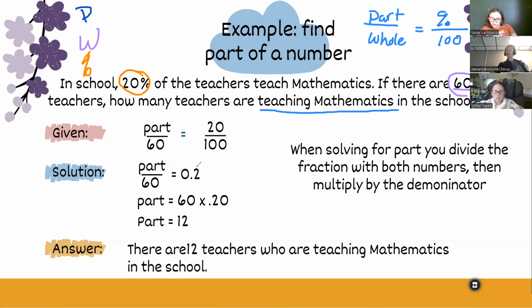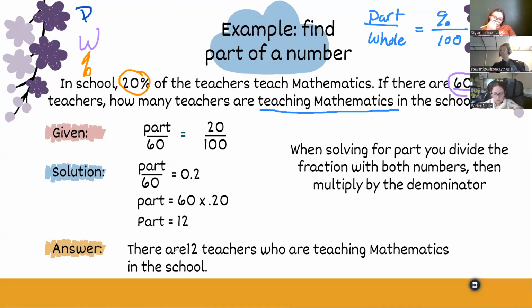Then we multiply by our denominator. We're finding 20% of 60, so we multiply the denominator. And that is going to give us our part. So there are 12 teachers who teach math in the school.